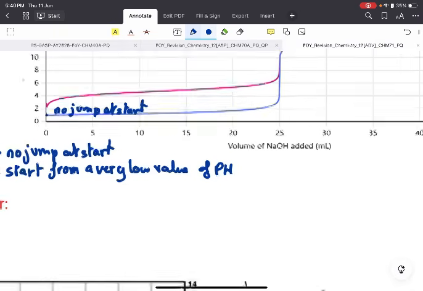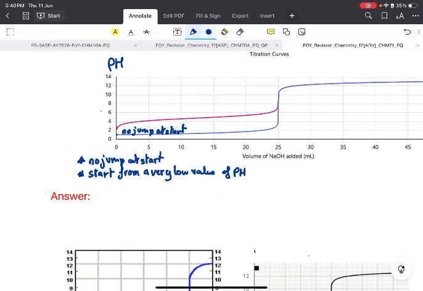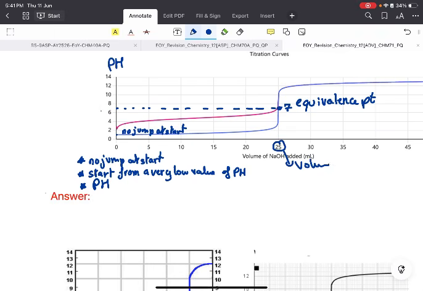This is the pH axis, and you go and you look for the middle of this one, and the middle of this one is exactly at 7. So the pH at equivalence, we call this equivalence point. The volume here is called volume at equivalence, and the pH 7 here is the pH at equivalence.